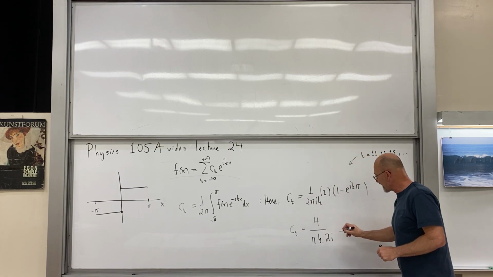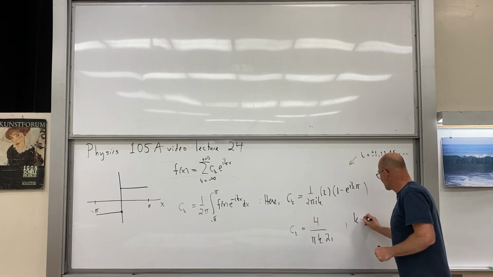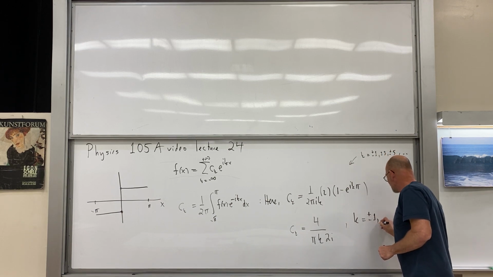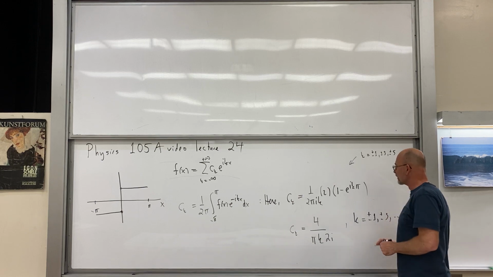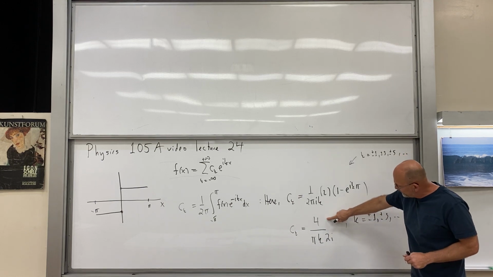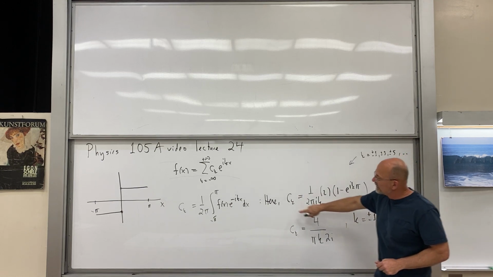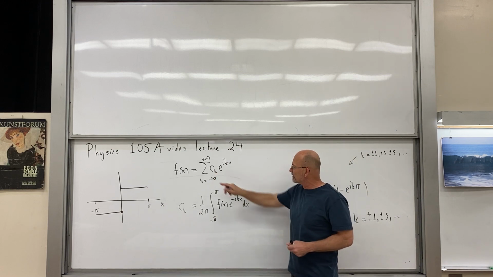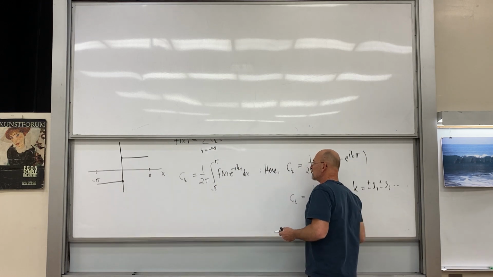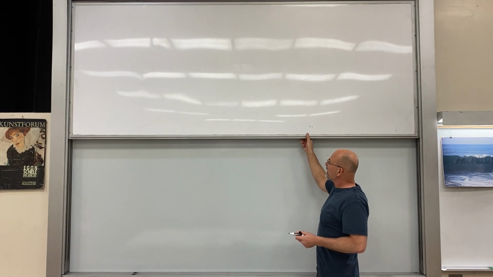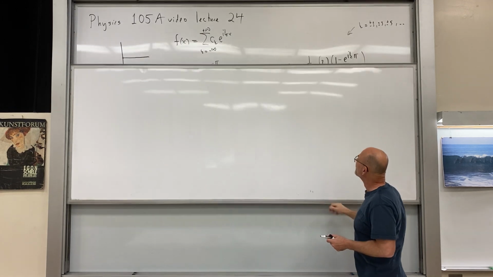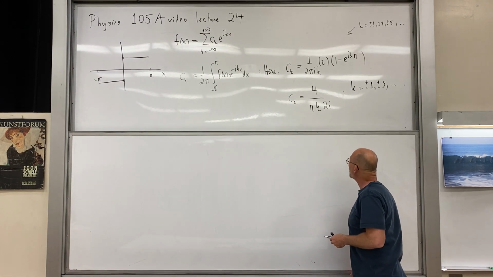And that is for k the odd integers. So what we have to do is take these values of c sub k and plug them in here. And then all will be revealed. So it's shown right here.